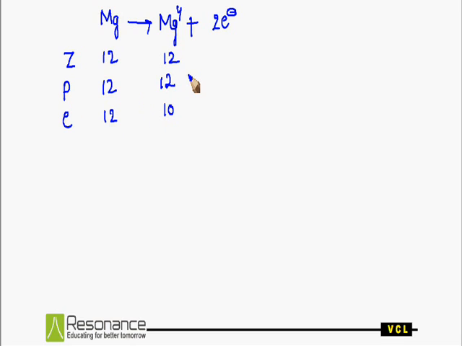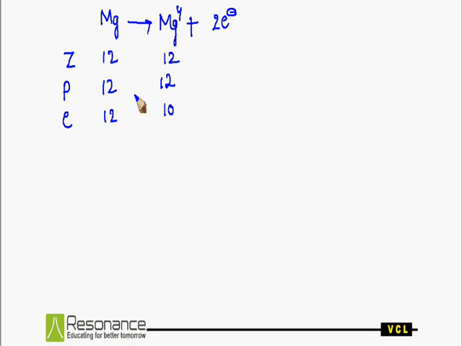So now we can calculate the total charge on magnesium, in this case Y. The number of protons is 12.